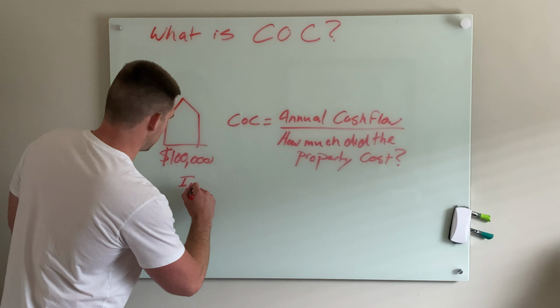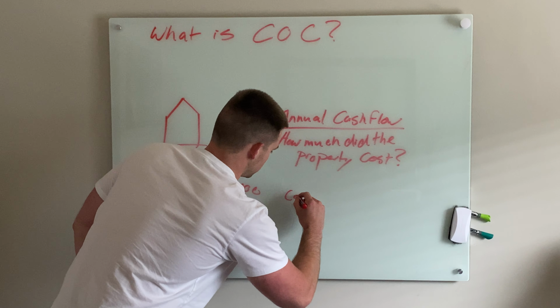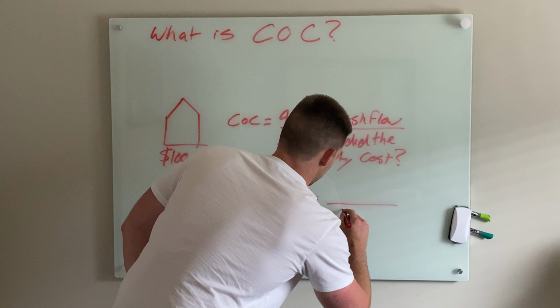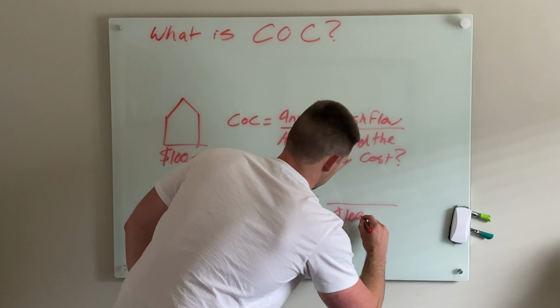We bought it for $100,000, so cash on cash equals $100,000, and each year we're going to get $8,000 of cash flow out of this. So annual cash flow is $8,000. So our cash on cash is simply going to be $8,000 divided by $100,000, or 8%. Okay? So this is one example.